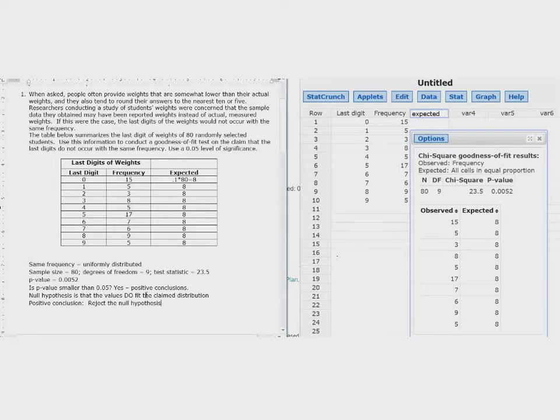Which means that basically we're saying the values don't fit the claim distribution. In this case, that would mean that no, they're not equally distributed. So the last digits of the weights are not equally distributed, which probably means that they were reported instead of actually measured.